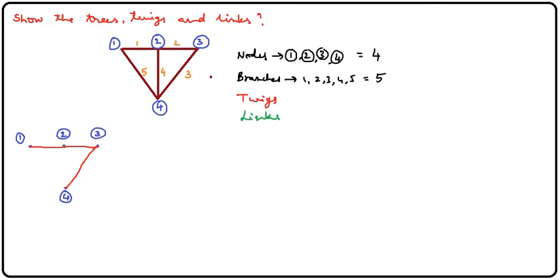Let me give the numbering also. Branch 1, branch 2, branch 3 are twigs in this first tree, and the links are branch 4 and branch 5. This is branch 4 and this is branch 5. So these are the links.